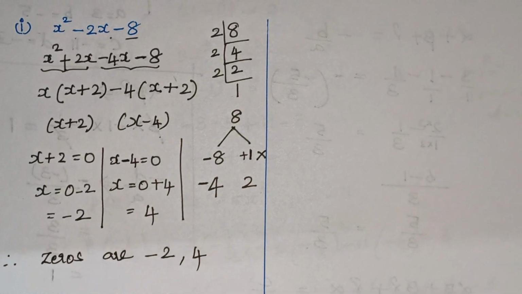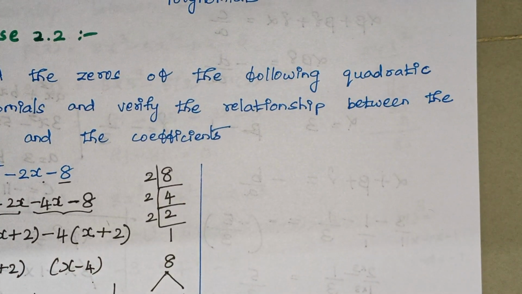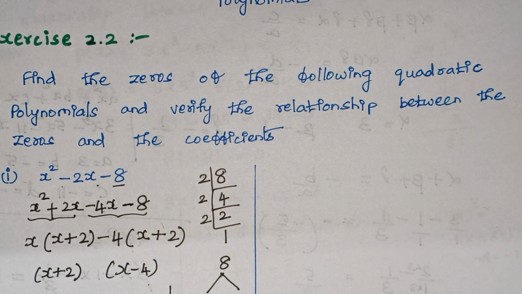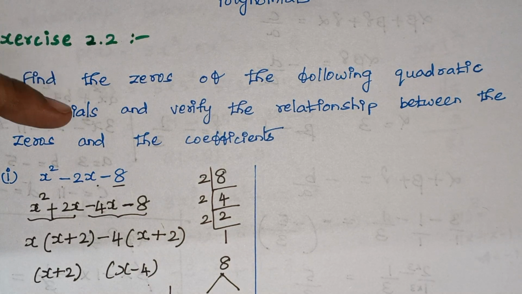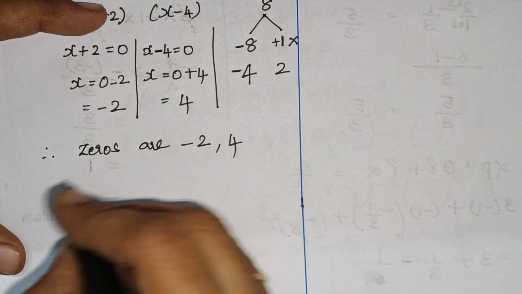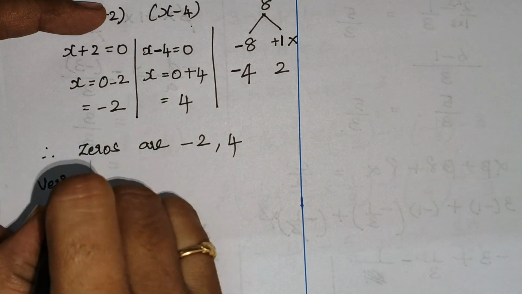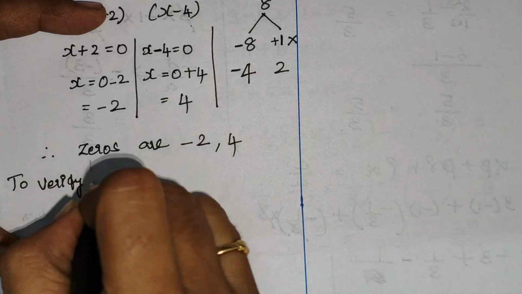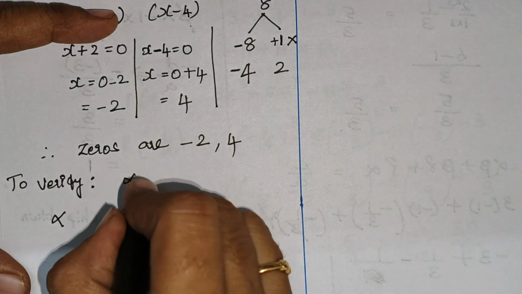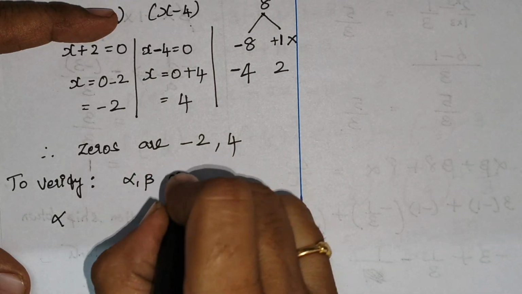And the next thing is they are asking to verify the relationship between the zeros and the coefficients. So now we are going to verify it. When you verify, there are formulas. So to verify, we already know that let alpha and beta be the zeros.